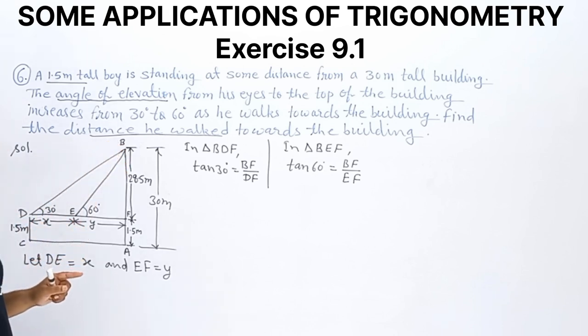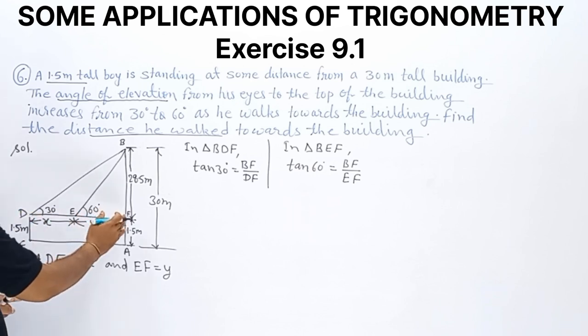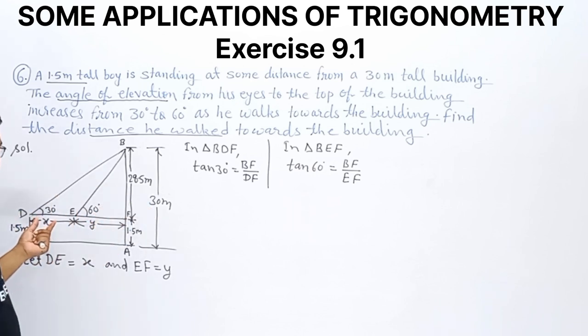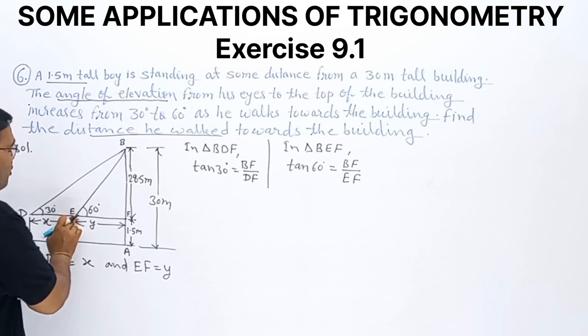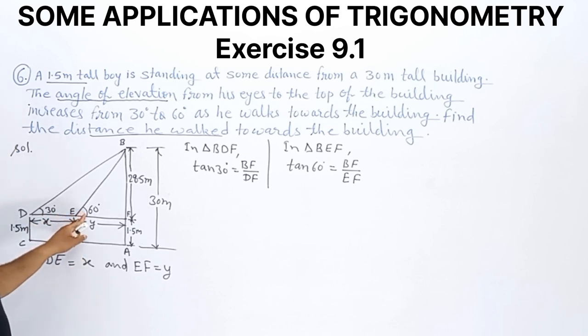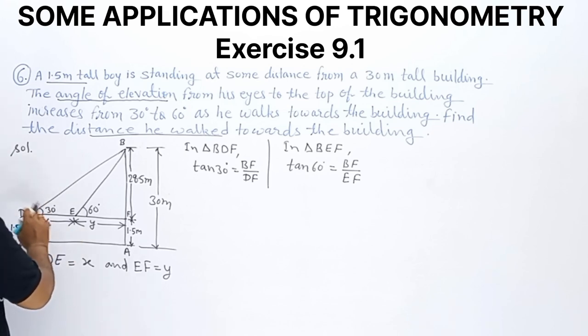Angle of eyes with this normal position, that is the 30 degree. That boy walks towards the building, traveled X distance we assumed, and reached at a point E, and making angle is what? 60 degree. Clear?